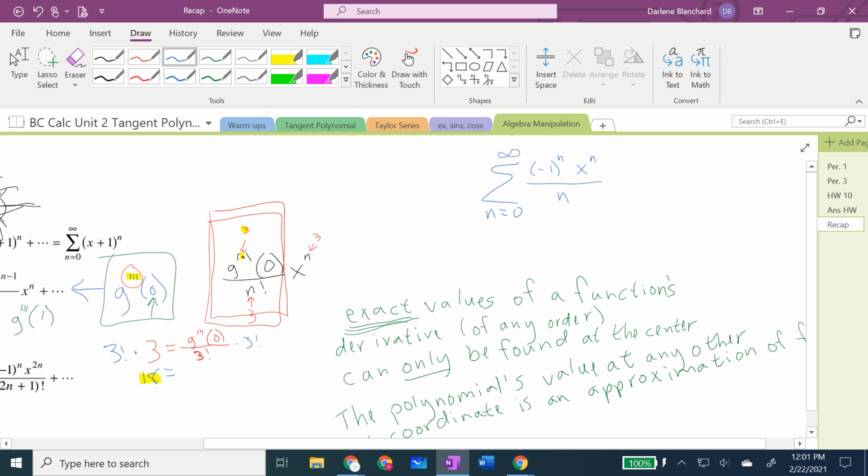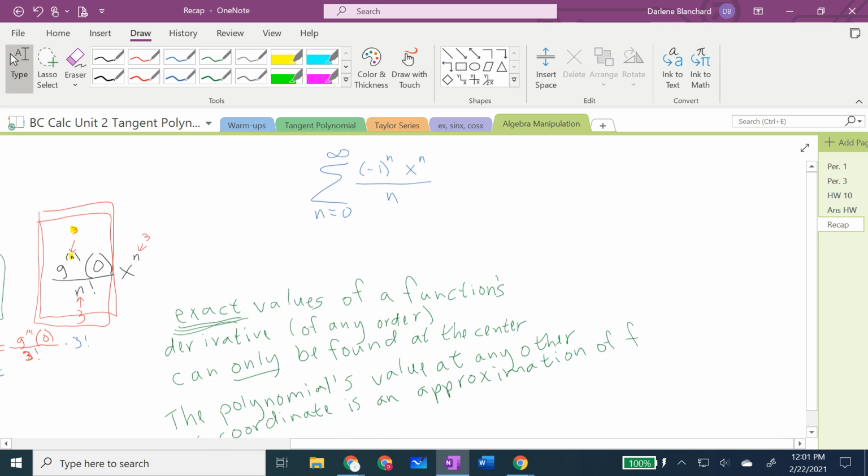Okay, let's say this is the formula that you have. This is equal to, if I decide that I wanted to write the same exact series, but I'm going to start it at a different n. Let's say I decide I want to start it at 1.